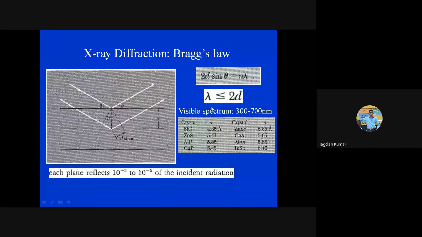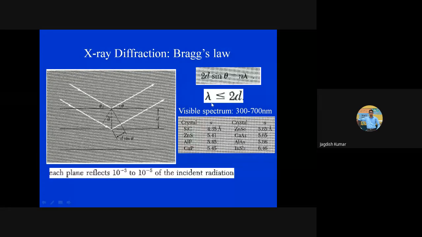There will be constructive interference under certain circumstances at specific angles theta, among the X-rays getting reflected from various planes. And that is what leads to the maxima in the X-ray intensity at certain angles, and that is called X-ray diffraction. And this was a very important result obtained by Bragg.